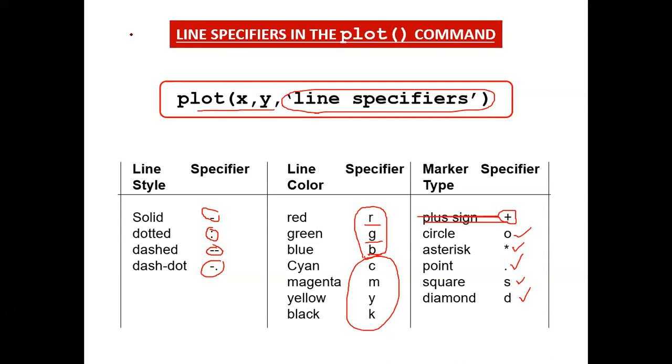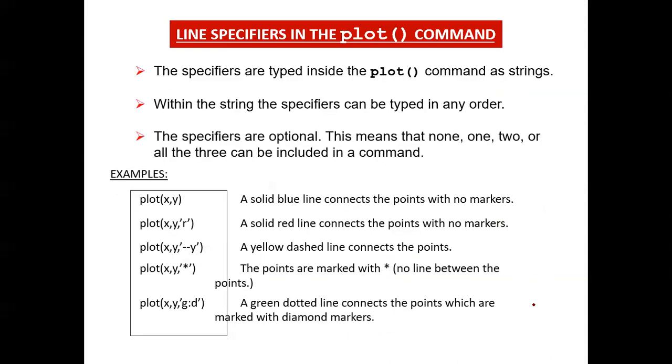Whatever symbol we need, we choose the marker type specifier. These are the options we have when generating a two-dimensional plot. We tried some simple examples with line specifiers.